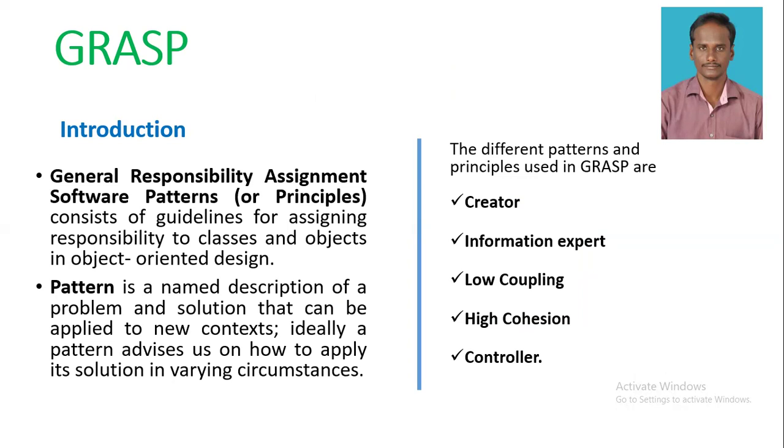Ideally, a pattern advises us on how to apply its solution in varying circumstances. Different patterns and principles are used in GRASP: creator, information expert, low coupling, high cohesion, and controller. Let us see one by one what they are.